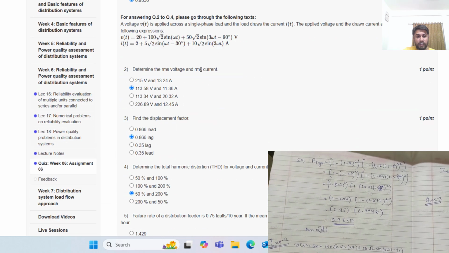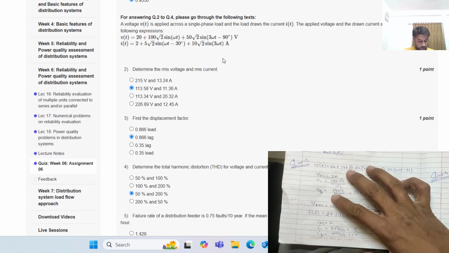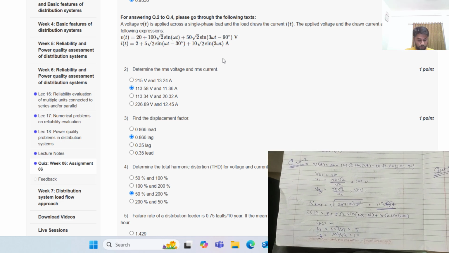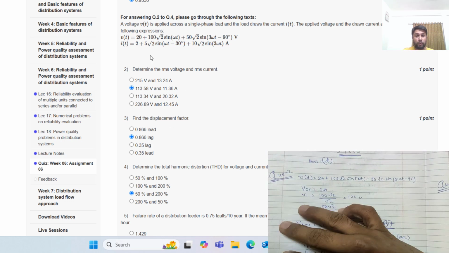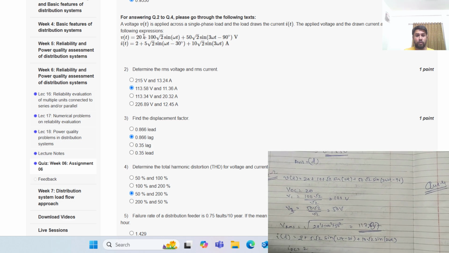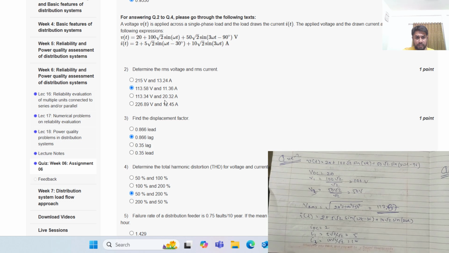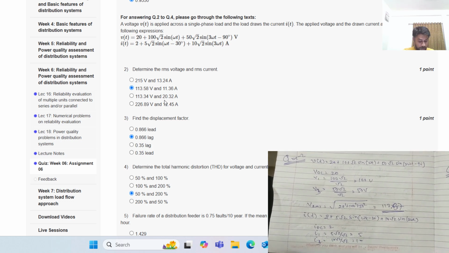Now the second to fourth questions are correlated with each other. First of all, the voltage magnitude and current magnitude are given in the form of equations. We have to find the value of RMS voltage and RMS current. First of all, the DC component of voltage is given.